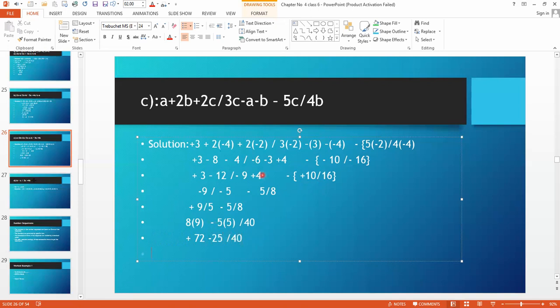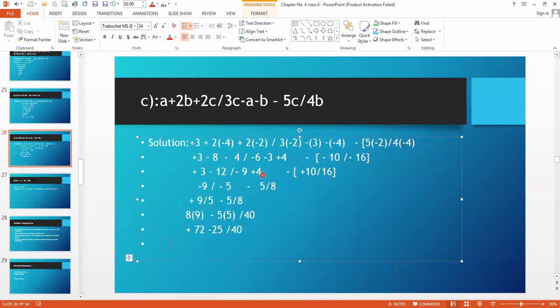Now I have to solve. Okay, you will help me in solving this. 72 and 25 have different signs, so we have to subtract. So we subtract 72 minus 25, and the answer is 47.